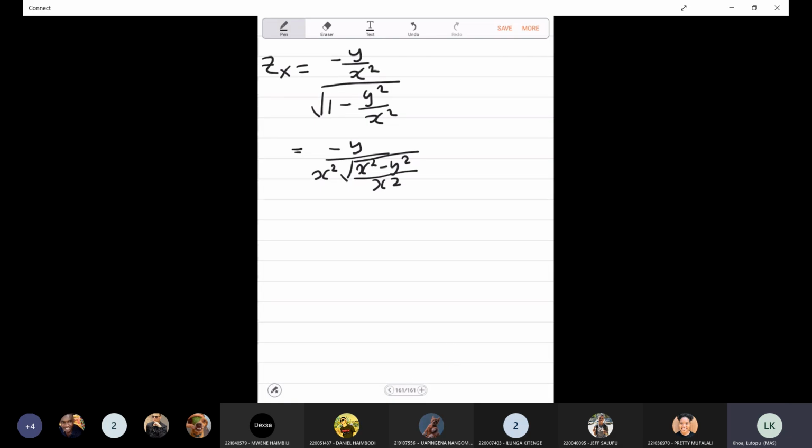So again, the square root of x squared here, this is x, so it'll go out and cancel with one of these x's over here. So what we have is minus y over x times the square root of x squared minus y squared.